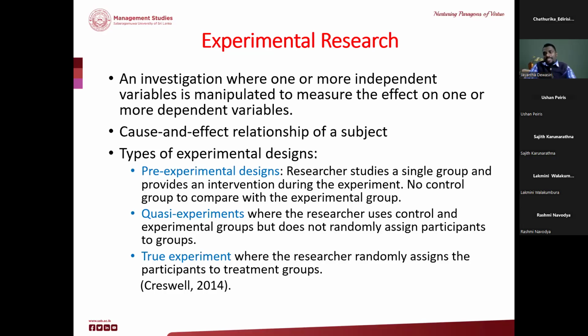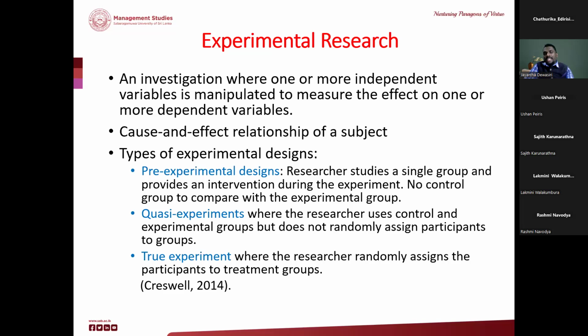This is a kind of investigation where one or more independent variables are manipulated in order to measure the effect on one or more dependent variables. Here, the cause and effect relationship of a subject is being measured. And there are three types of experimental designs.